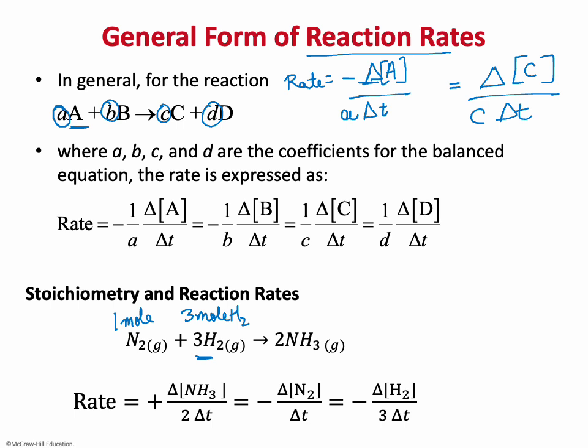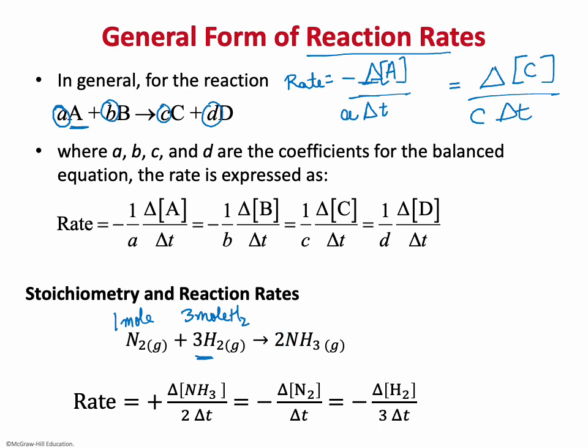Why? Because for nitrogen you only use 1 mole, whereas for hydrogen you end up using 3 moles. So you're using 3 times the amount, so it disappears 3 times faster. That is the relationship that we get in speed of reaction as well. So these coefficients can help you with the speed of reaction when you're comparing the reactants and products.